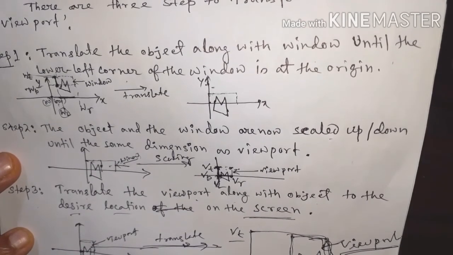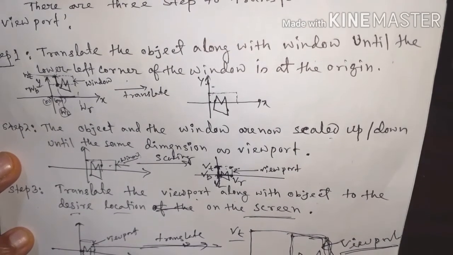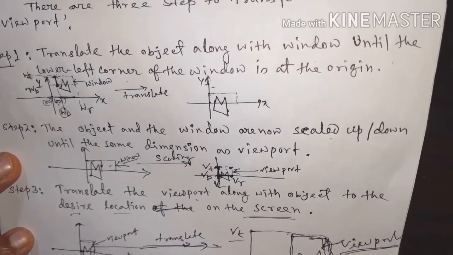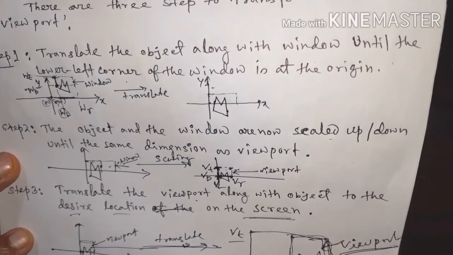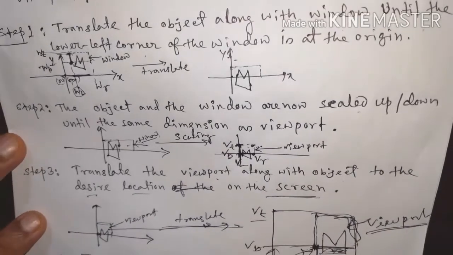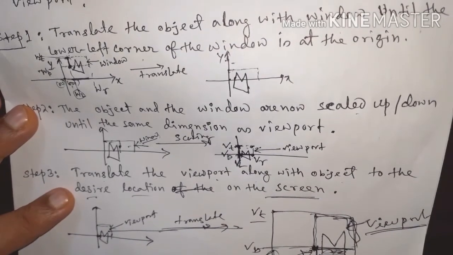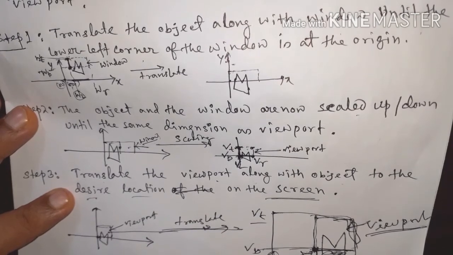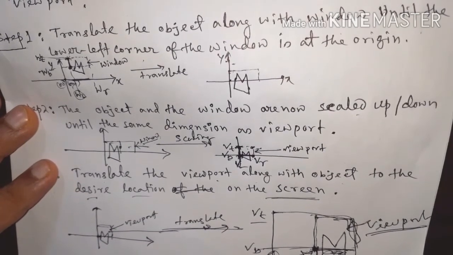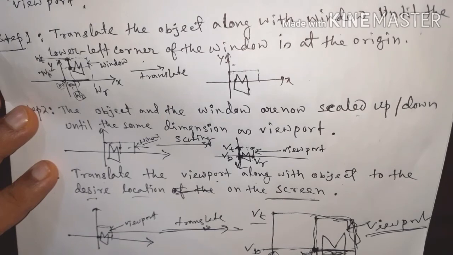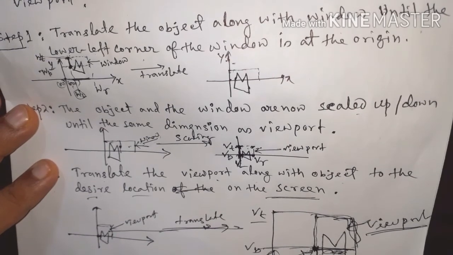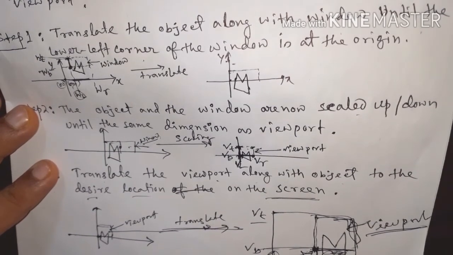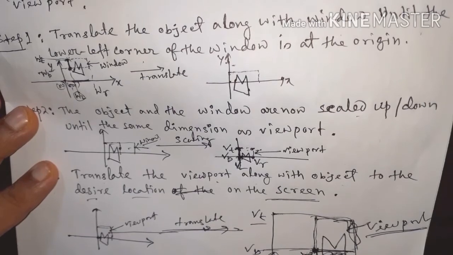That amount from 0, 0, along the x-axis and along the y-axis, I have to translate. So the translation matrix is 1 0 VL, 0 1 VB, 0 0 1.